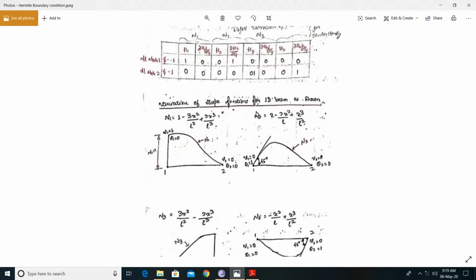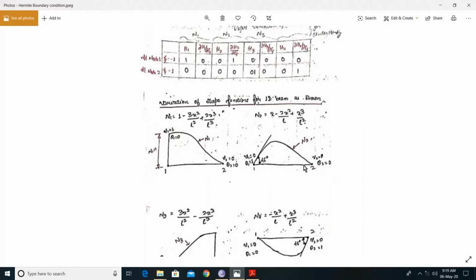Now you can see here, in order to derive H1, these are the boundary conditions which are applied. Only H1 is equal to 1, as here v1 is equal to 1, and the rest all three are 0, with respect to node 1 and node 2. So only H1 is 1 at node 1, and the rest are 0. In a similar way, at node 1 the slope of H2 is equal to 1, and the rest all three values are 0.